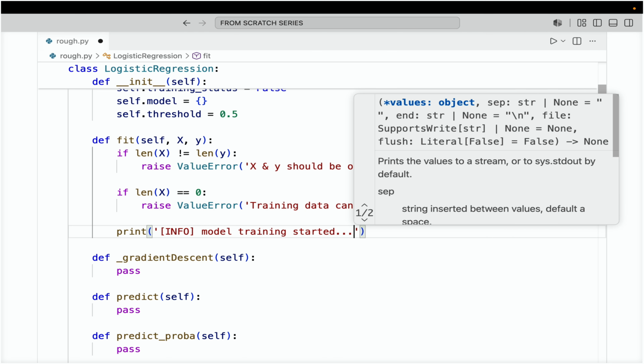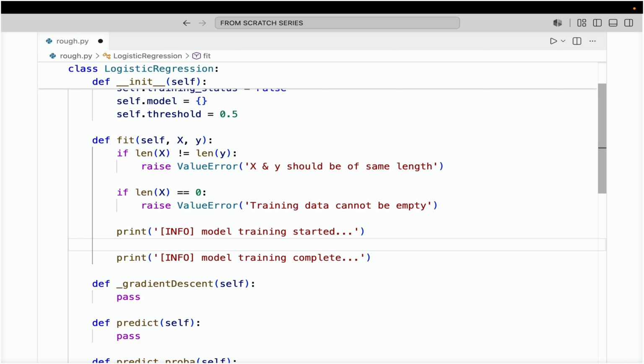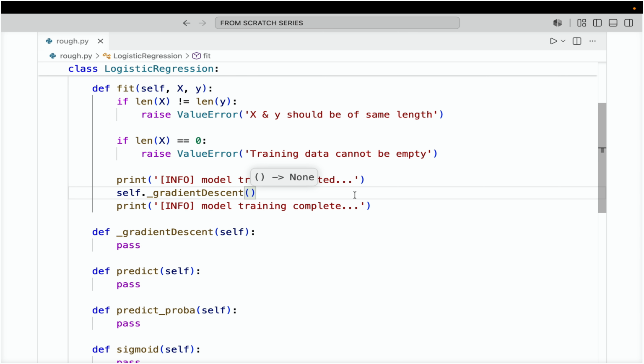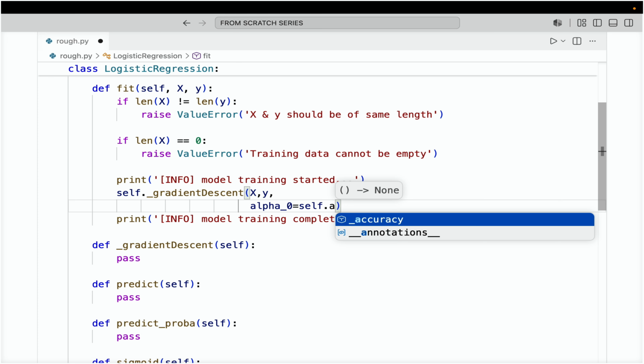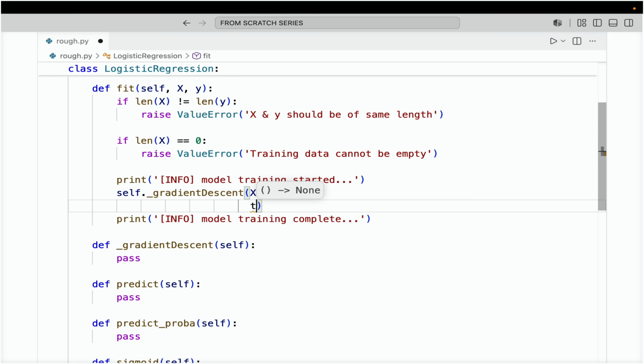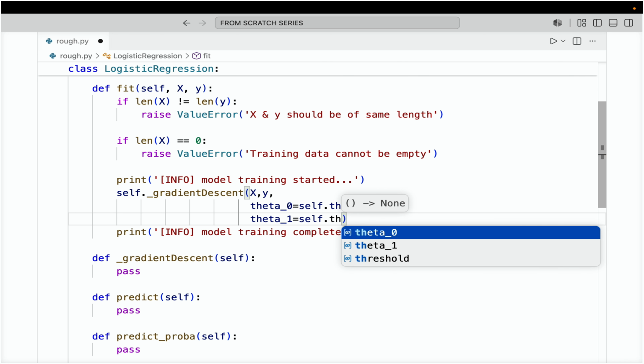And as always, let's get info. Model training started. Model training complete. And here we'll be calling the model's fit, the optimization method, which takes x and y, and we'll be passing alpha, theta 0 to be self.theta0, theta 1 to be self.theta1.